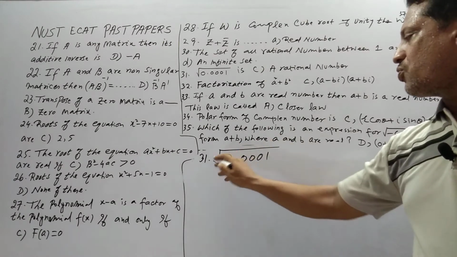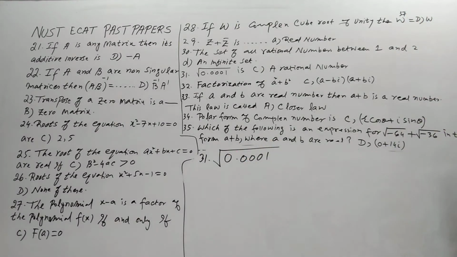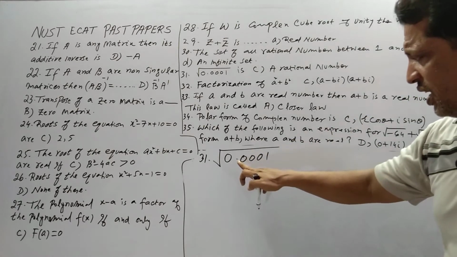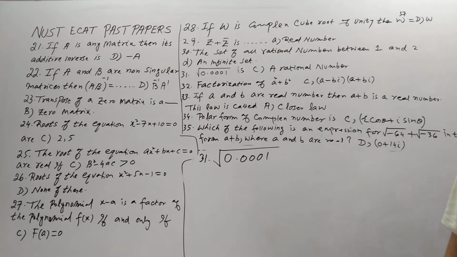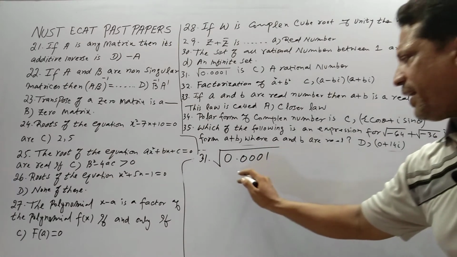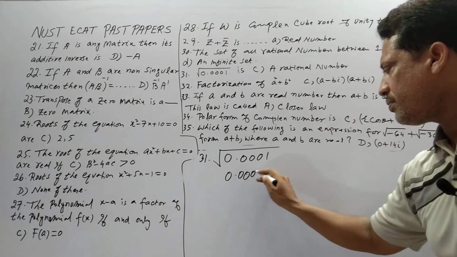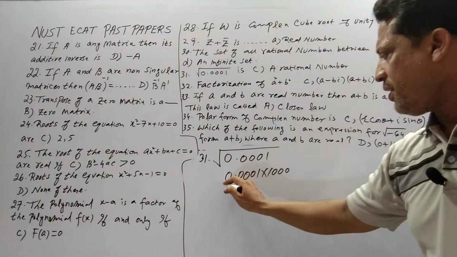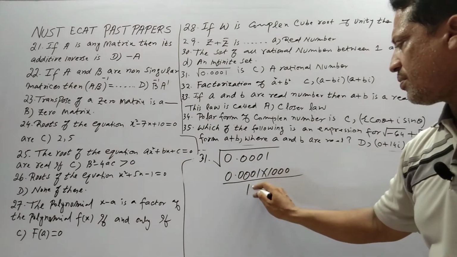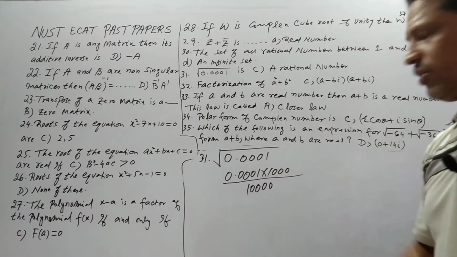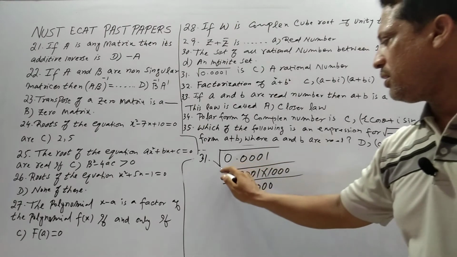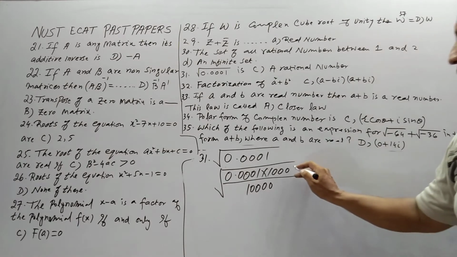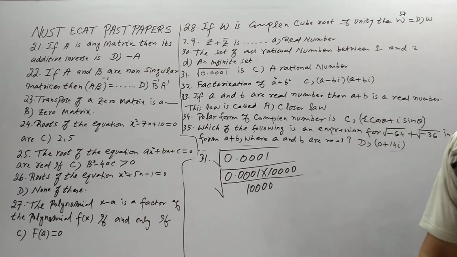Square root of 0.0001. First we have to evaluate the answer. If I multiply this number by 10,000 and divide by 10,000, so that our question remains balanced, that is, divide by 10,000 and multiply by 10,000.